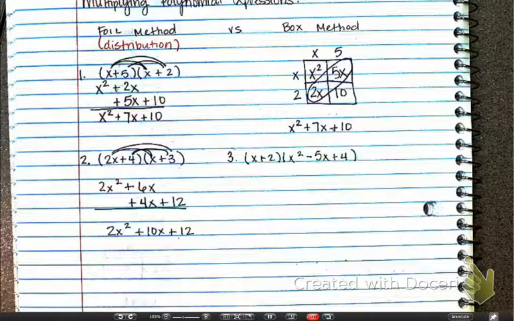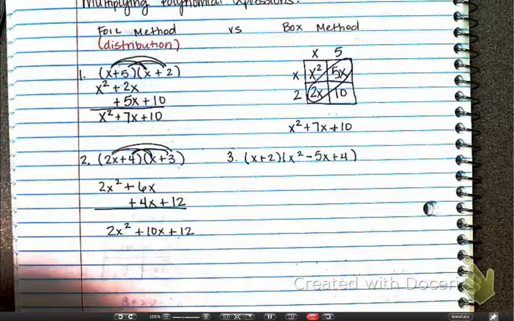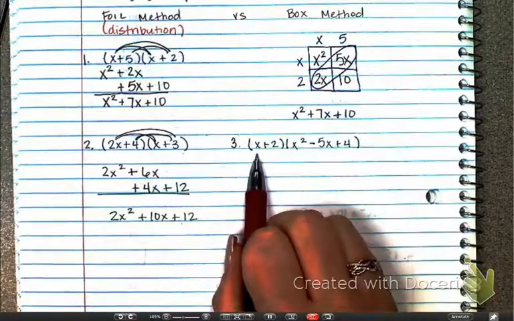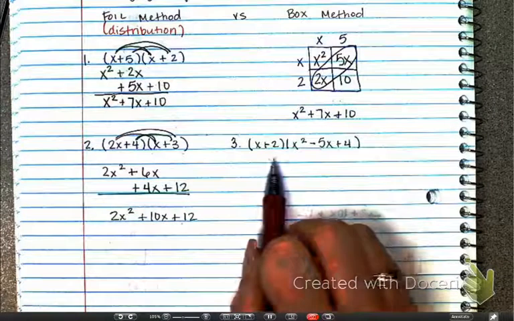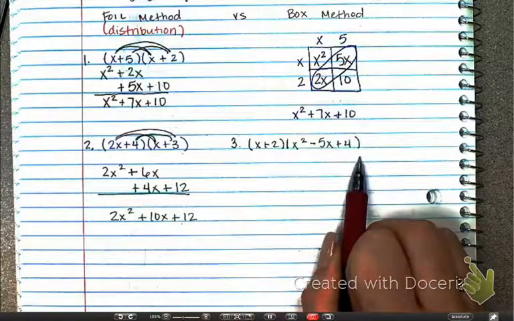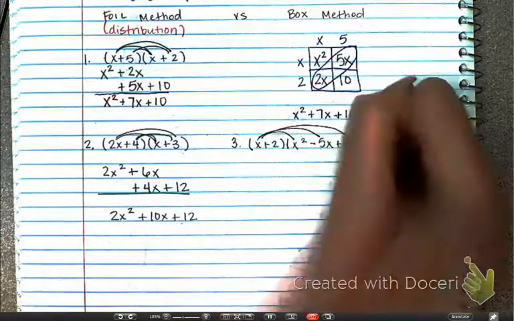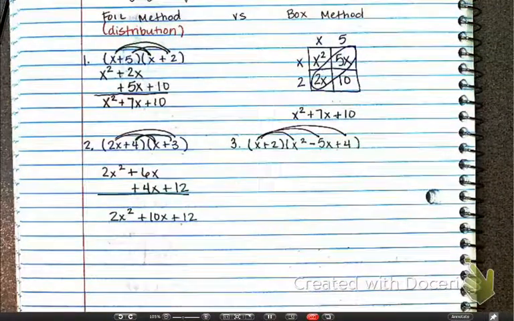I'll give you another second to write. So x plus 2 times x squared minus 5x plus 4. If I start with distribution, I'm going to take the first term in my first set of parentheses and multiply it by everything in the second set of parentheses. So x. And I'm literally going to multiply it out.